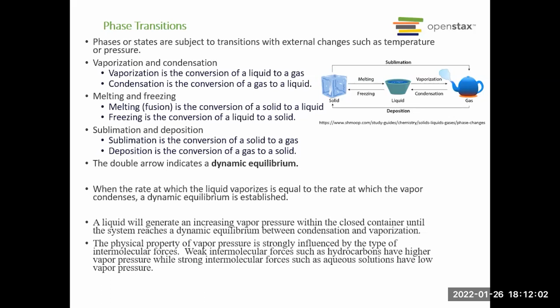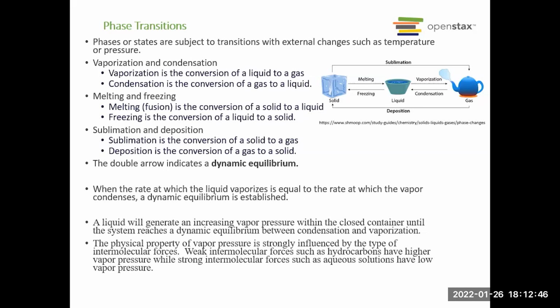Now, these processes are dynamic, meaning they're going to be happening, and you can reach a state of equilibrium where you're able to go in both directions. The thing we want to keep in mind is that we reach a dynamic equilibrium, which basically means that the rate of going from one phase to the other, and the rate of going back to that phase, is going to be the same.